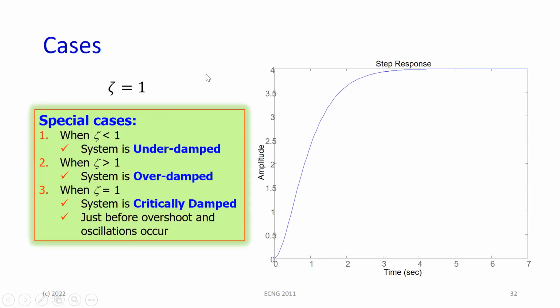And we have some special terminologies. When zeta is less than 1, the system is underdamped, so you get the sort of normal step response here. If zeta is too big, then it tends to give you this kind of behavior. It's responding, but it's taking a long time to respond.